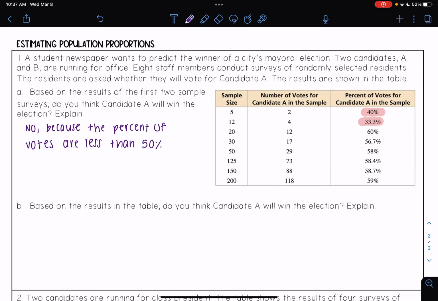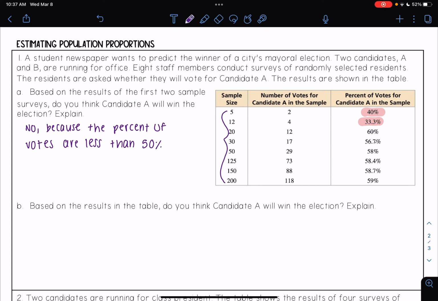Okay, and then part B says, based on the results in the table, do you think candidate A will win the election? Explain. And so I see as my sample size gets bigger that the percentage of votes for candidate A is actually growing. And I see at the very end, I have a 59%.